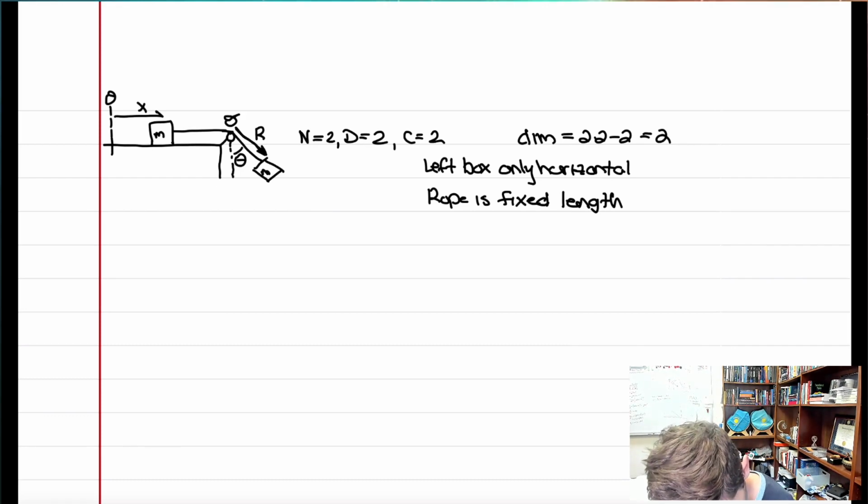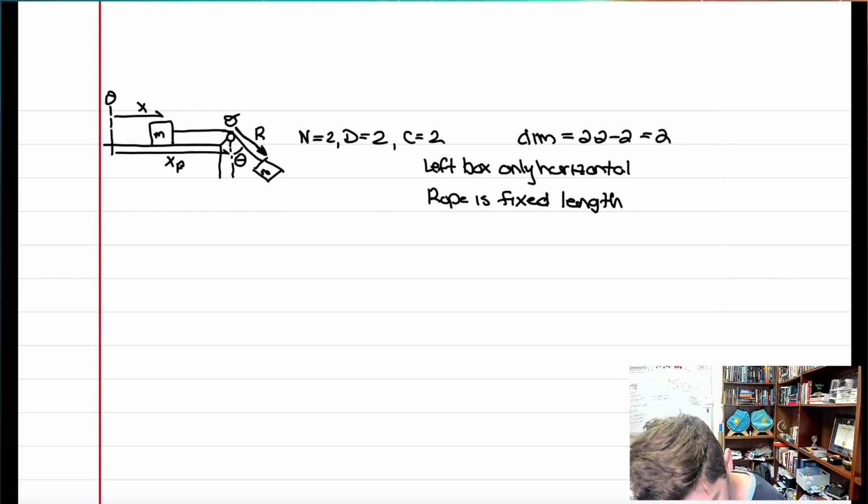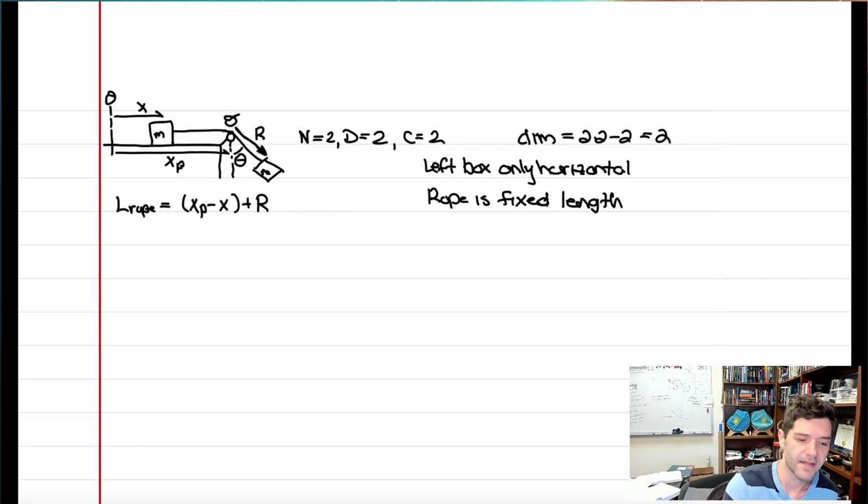And then similarly, the pulley is some distance x sub p, which is a constant, relative to that origin. Under these definitions, the length of the rope is going to be x sub p minus x plus whatever r is. And that gives me the full length of the rope in this case, where L rope is a constant, so is x sub p.